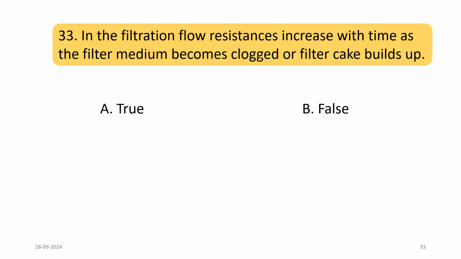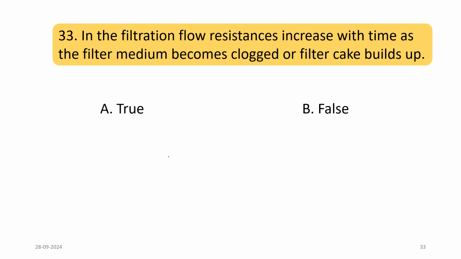That means when the next flow is coming, it will experience more resistance from the filter membrane. So filter resistance increases with time as the filter medium becomes clogged. So the answer is true.